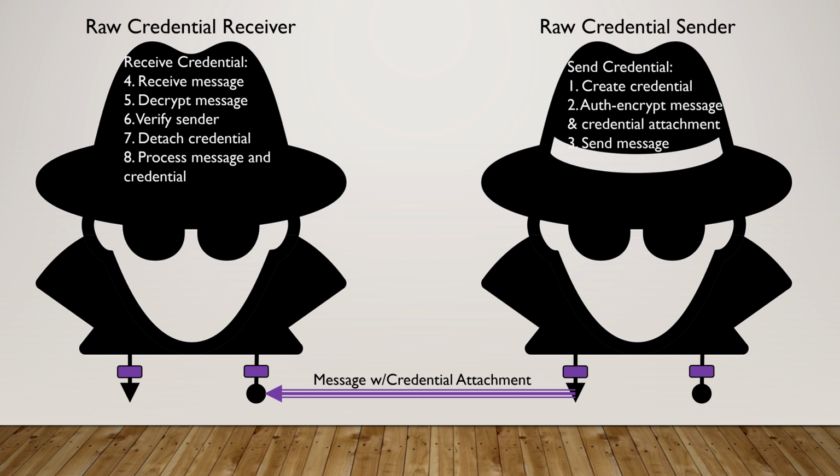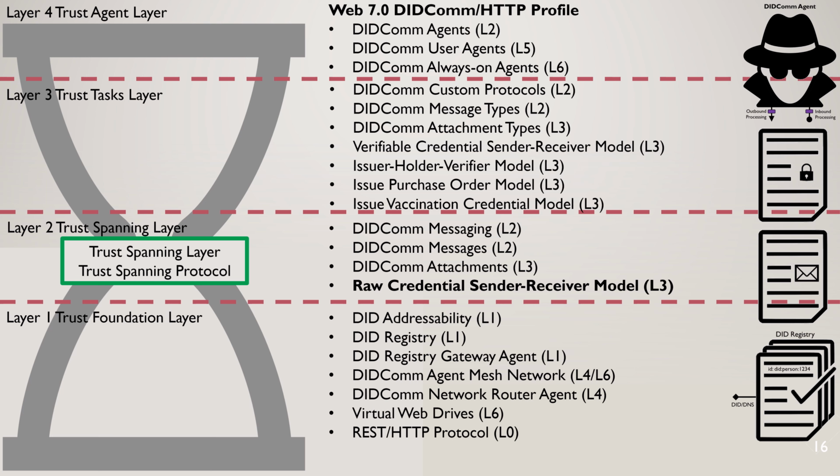This is the generic raw credential sender receiver model, and because it's so basic and common to all DIDCOMM communications, it belongs in layer 2, the trust spanning layer. And so we see it highlighted in bold.